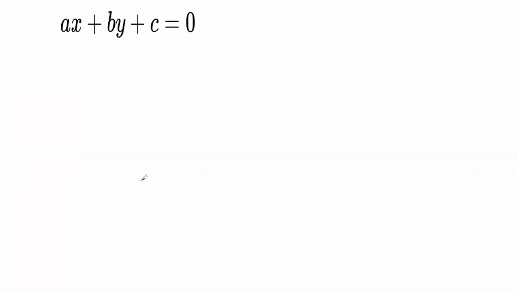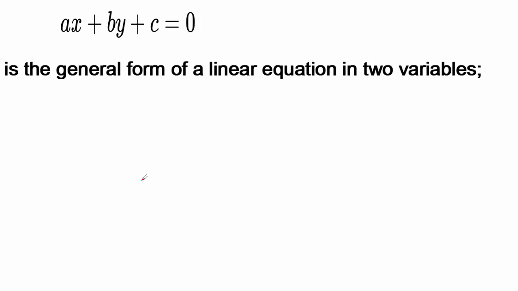The equations are of this type: ax plus by plus c equal to 0. In such equations, there are two variables x and y, the degree of the term ax is 1, the degree of the term by is 1, and hence it is a linear equation. This form is called the general form of the linear equation in two variables.